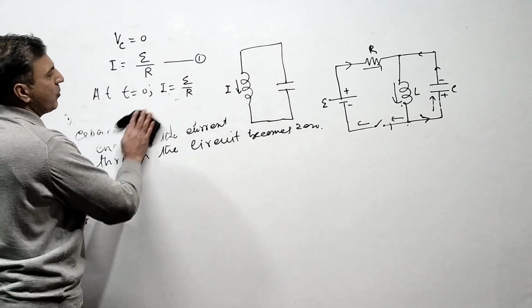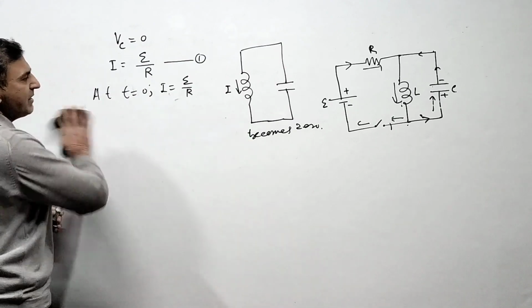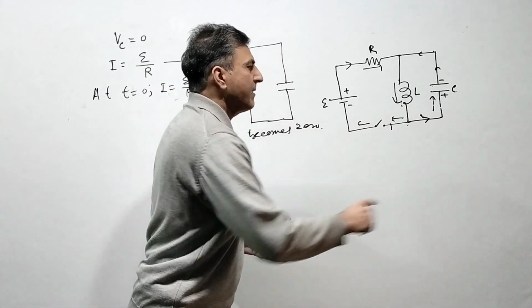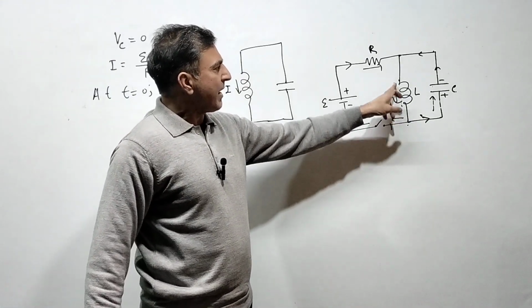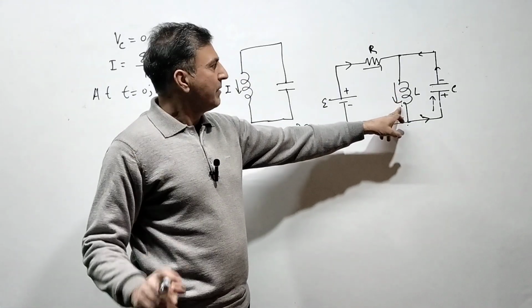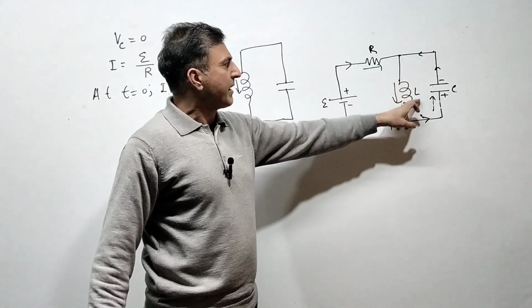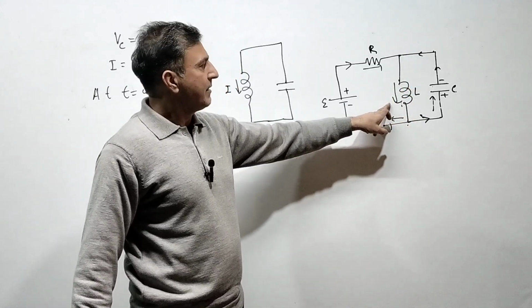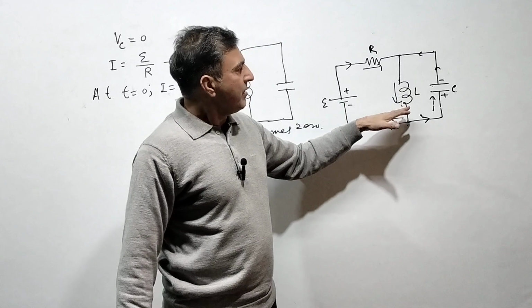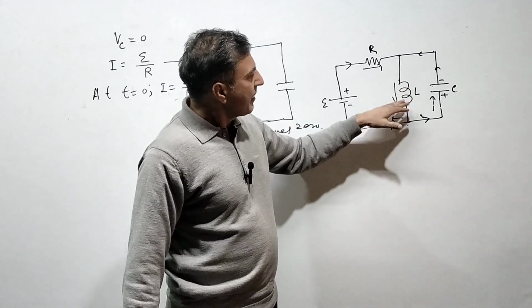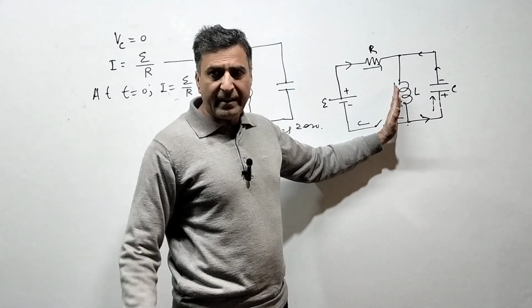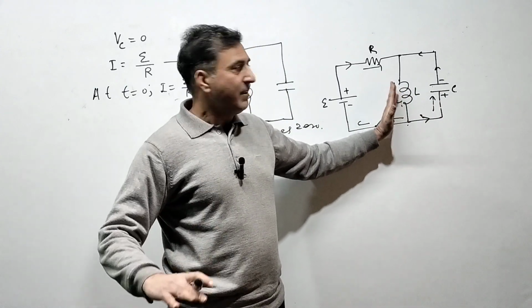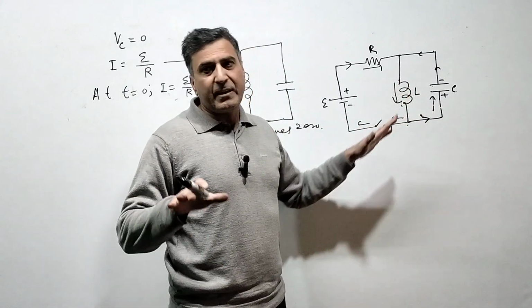The concept that we are going to use here is that at t equal to 0, where the current through the inductor was maximum, there was energy stored in the inductor. When current flows and the capacitor gets charged, the current in the inductor becomes lesser, so the energy in the inductor will decrease.